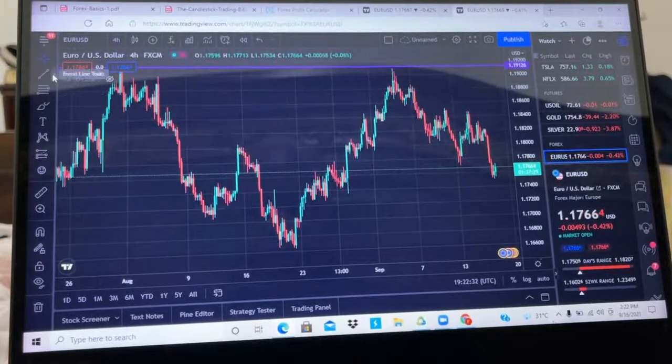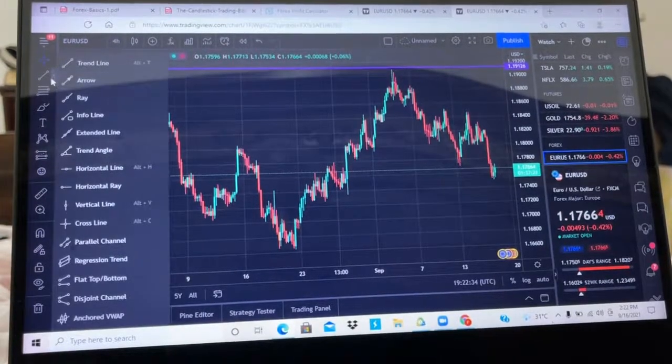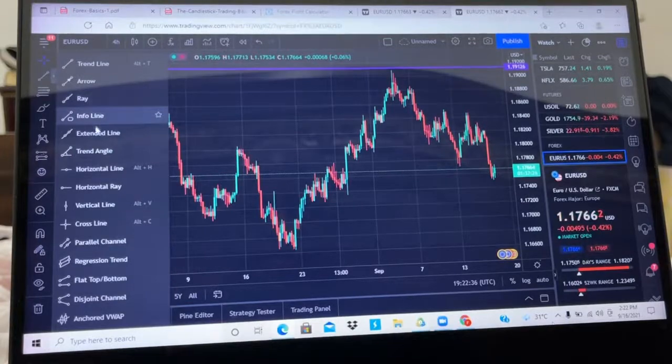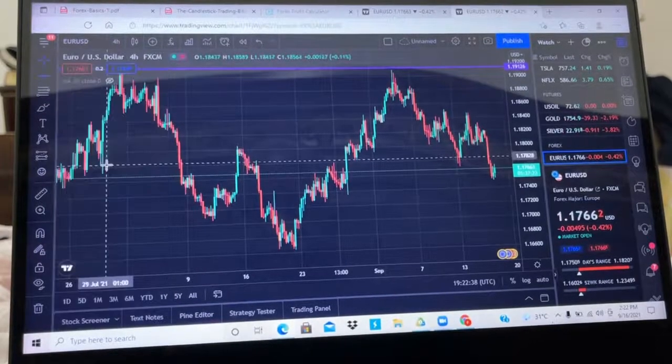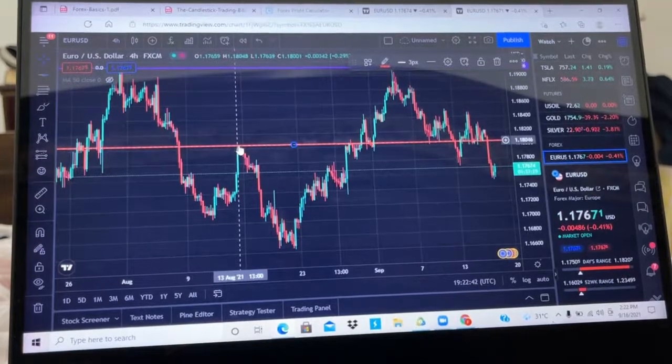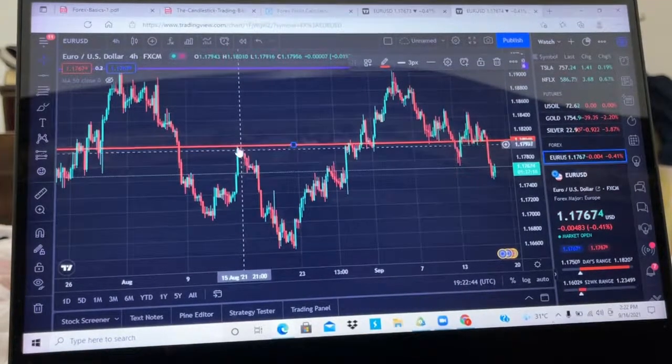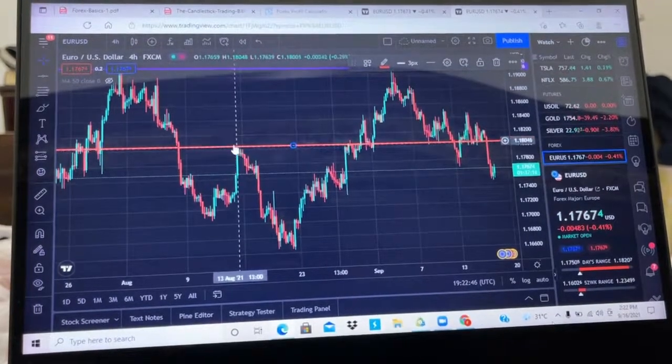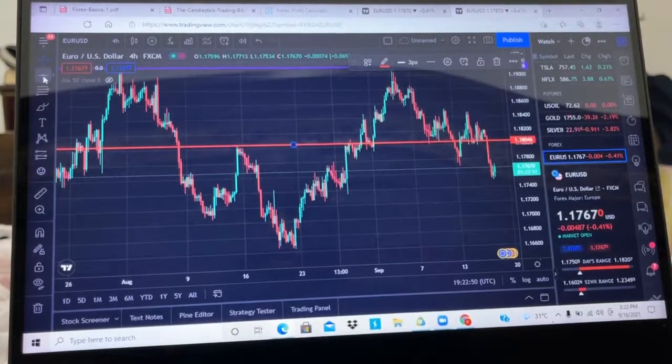So what we do right now is to go to our line area and select a horizontal line, and then place it here. Okay.